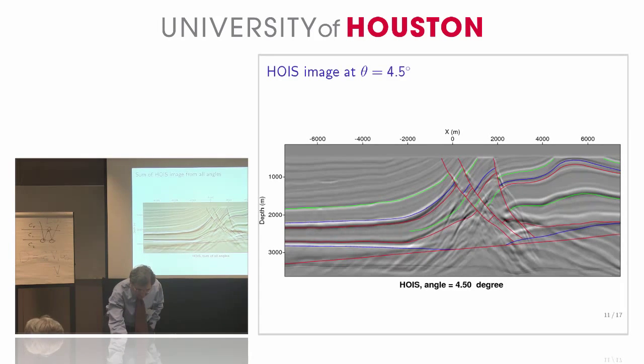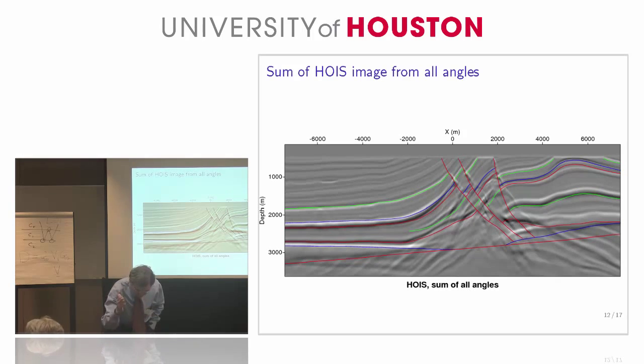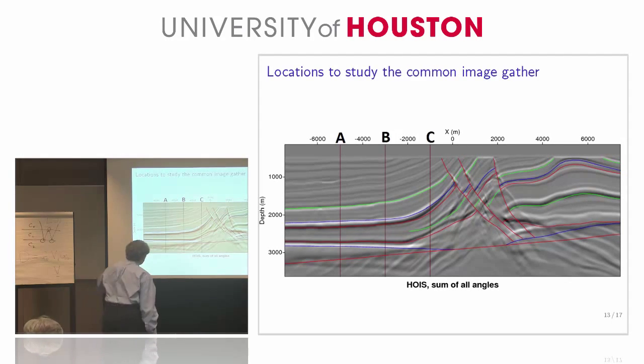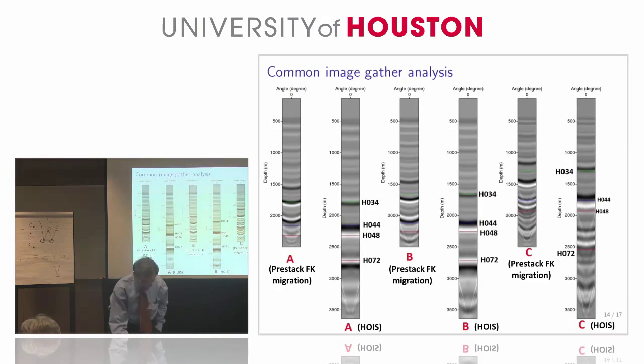In other words, here you're getting these different subsets of the data. You're going to see A, B, and C with what happens at different subsets of the data, what we would call common image gathers. So there are places here where it's relatively flat. Yes, this is water speed and it's not flat. You know it's not happy.